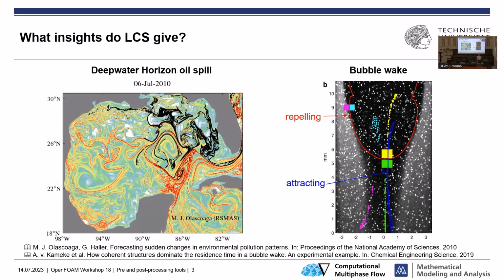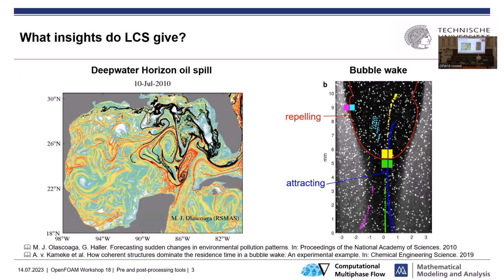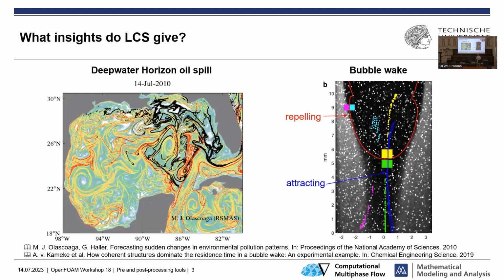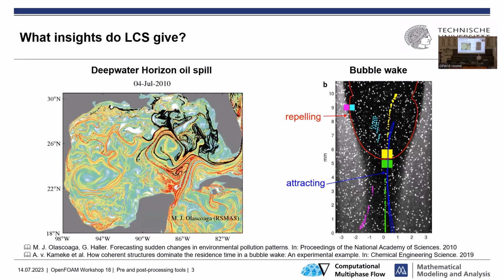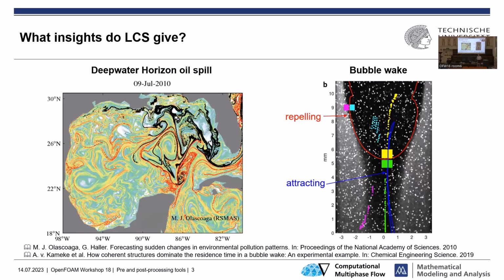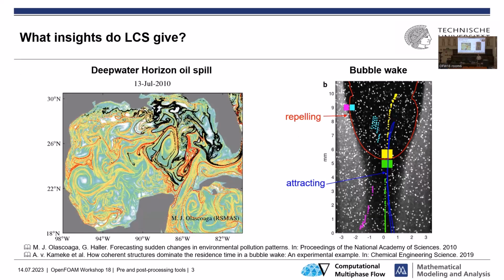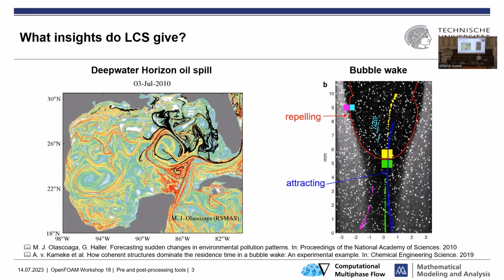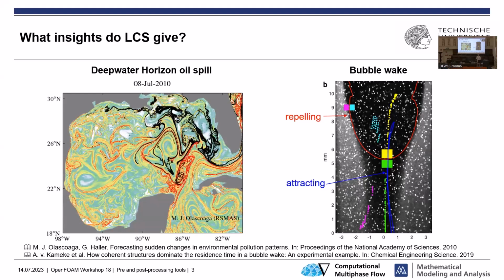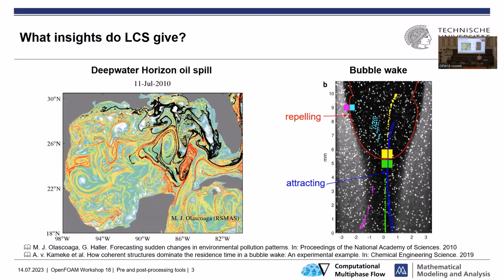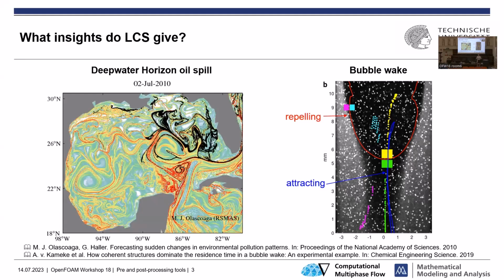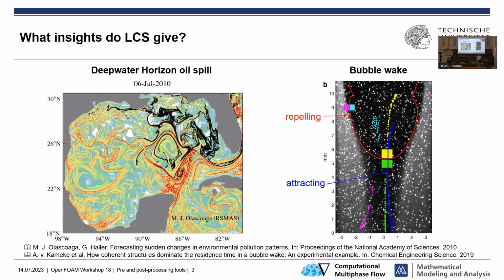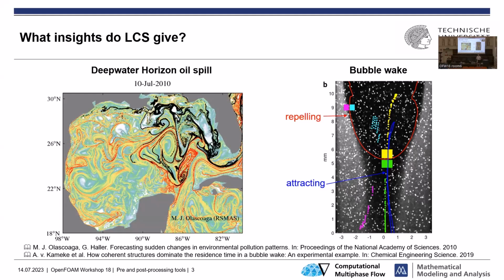At that time, besides how to stop the oil spill, the most concern was where does the pollution go? So they had the velocity field data from the Navy, and they computed Lagrangian coherent structures based on those velocity fields. And based on those fields, here you see the attracting LCS.